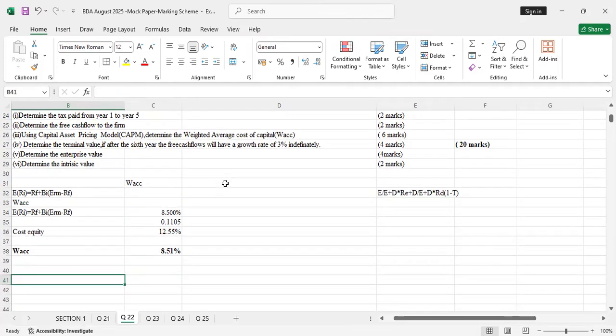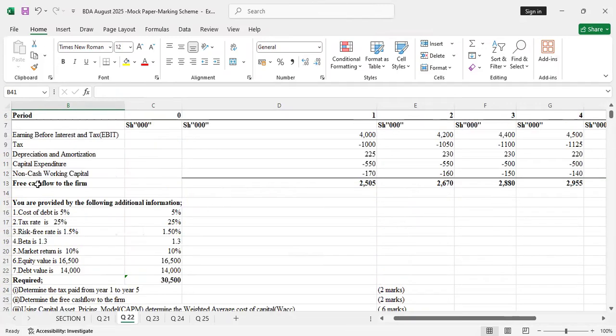Roman 4: determine the terminal value if after the 6th year, the free cash flows will have a growth rate of 3% indefinitely. So I'll do that here. What will be my terminal value? So just come here and say terminal value.